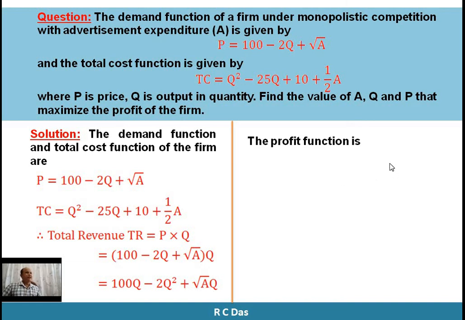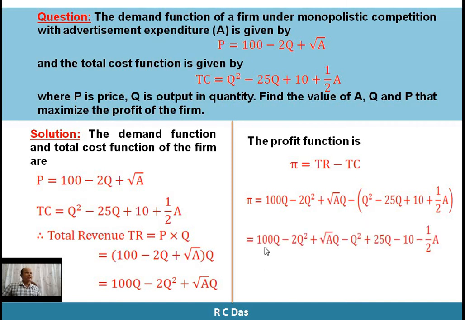The profit function is pi is equal to TR minus TC. Therefore, pi is equal to, put the value of TR and put the value of TC. So this is the value of TR and this is the value of TC.